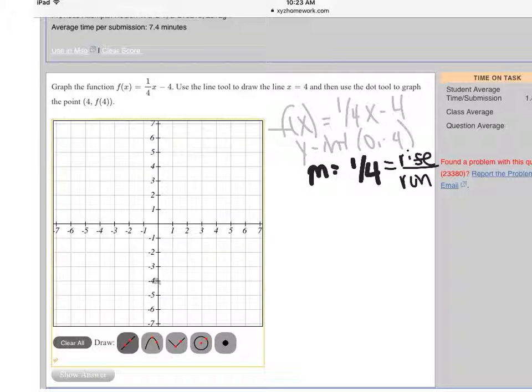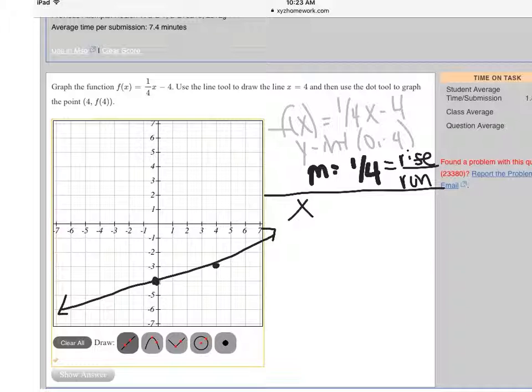And so I'm going to go up 1 and over 4 and make a dot, plot a point. And so these 2 points together actually end up making the line f of x equals 1/4 x minus 4. So that's the first function that we need to plot.